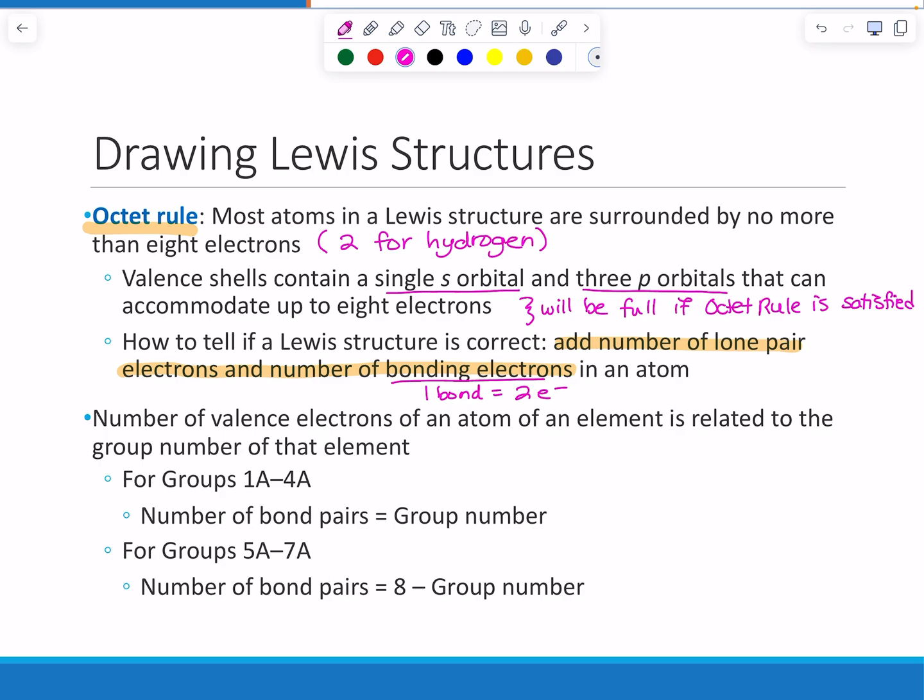So your halogens have 7. Your chalcogens, that's the group that oxygen is in, have 6. And then group 5, which doesn't have a name, well, let's just call it nitrogen's group, has 5.